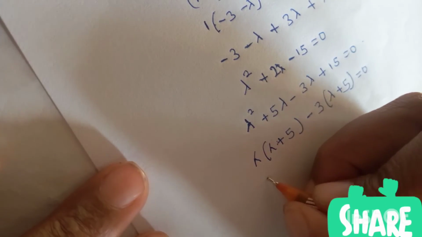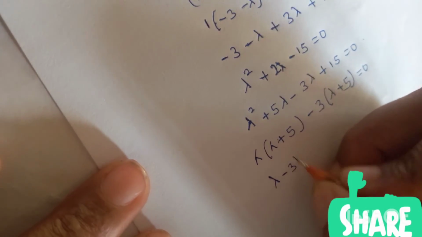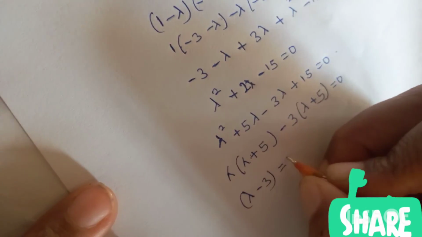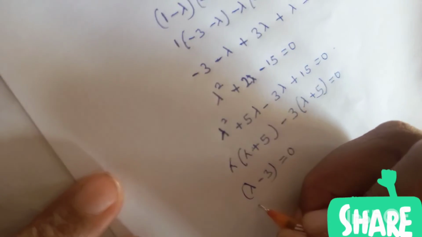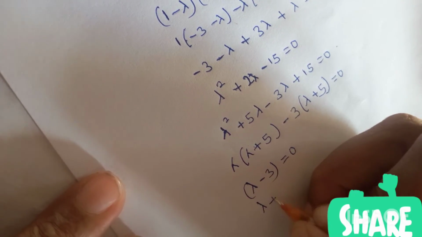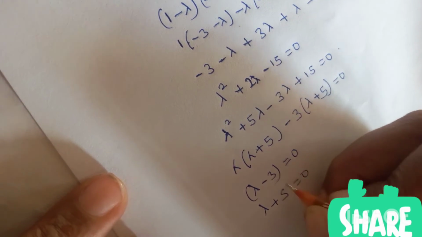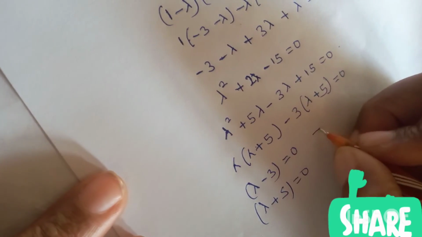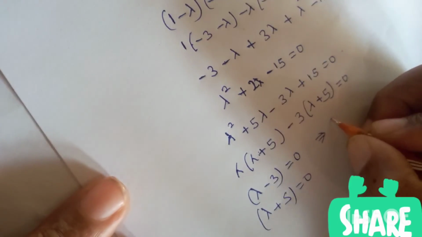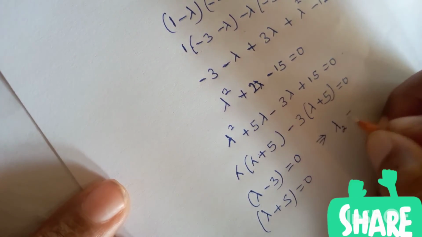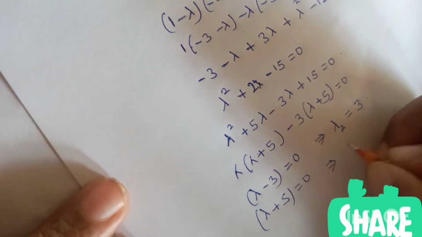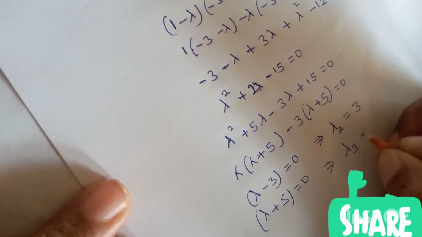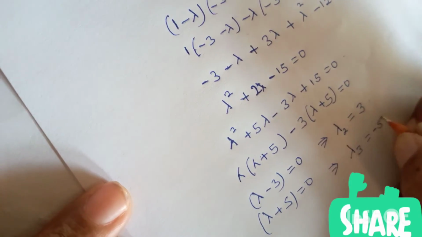So we have alpha minus 3 equals 0, and we also have alpha plus 5 equals 0. This one gives us alpha 2 equals 3, and this gives us alpha 3 equals negative 5.